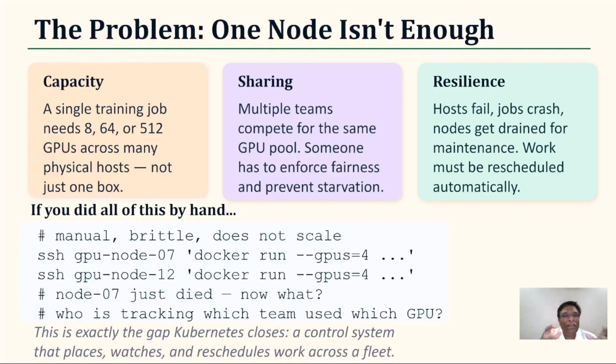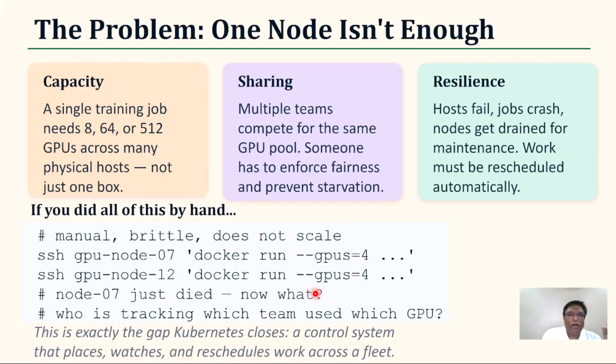If we did this by hand, manually, we would write something like: SSH GPU node 7, docker run with so many GPUs, and so on. We are telling our system that our Docker containers should run on node 7, which has GPUs and will be using 4 GPUs.